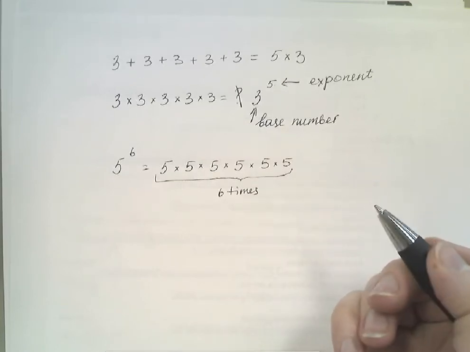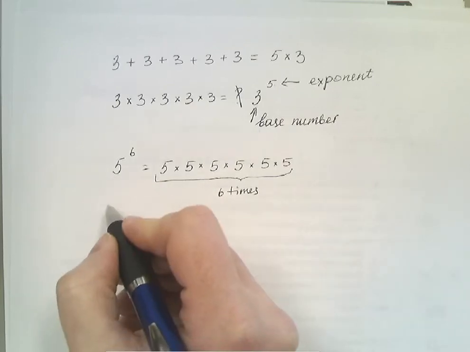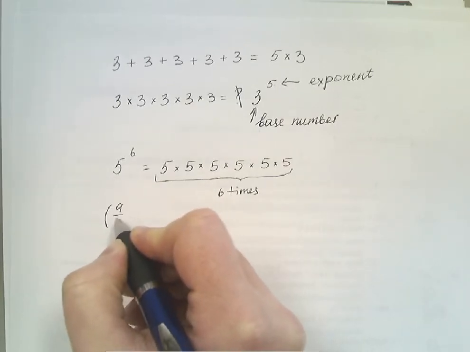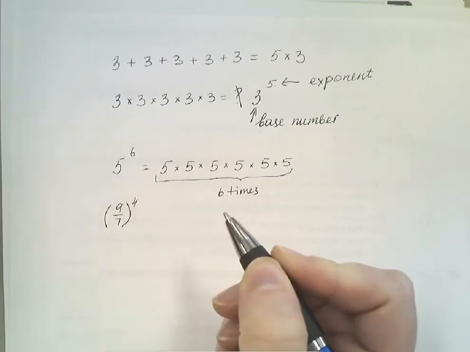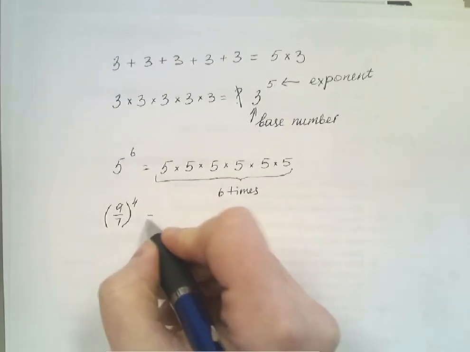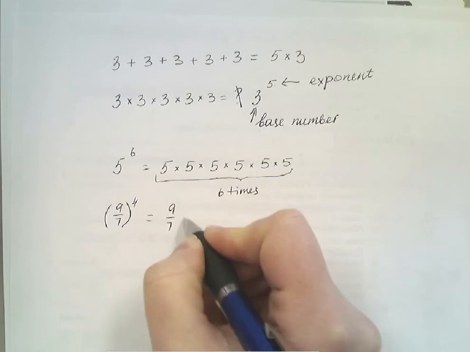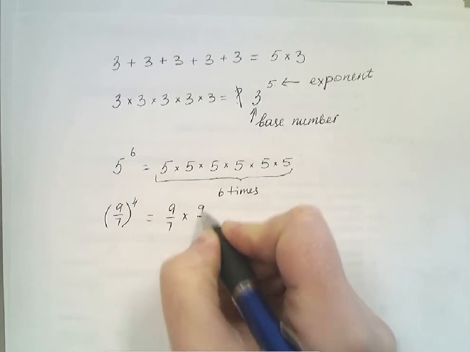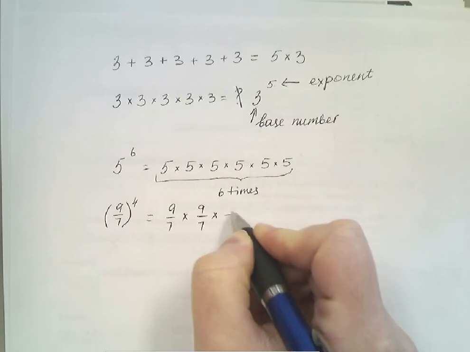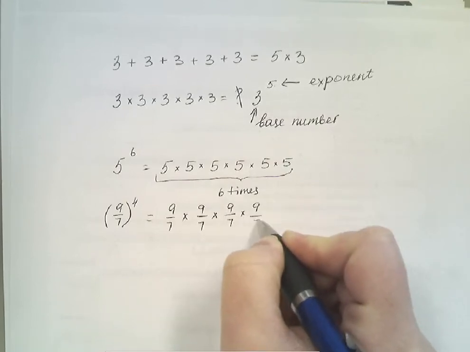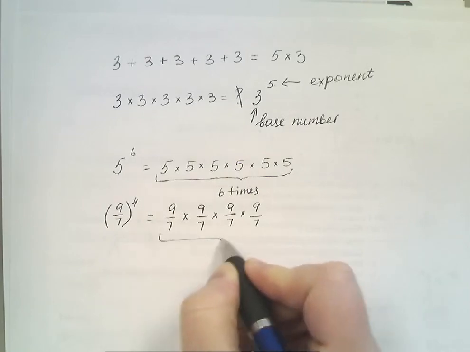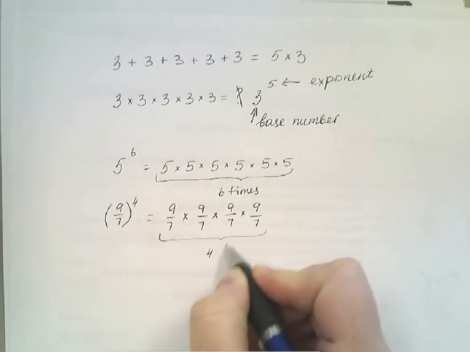Okay, if I take a fraction, let's say I have 9 sevenths to the power of 4. That is 9 sevenths times 9 sevenths times 9 sevenths times 9 sevenths. And that is repeated 4 times.